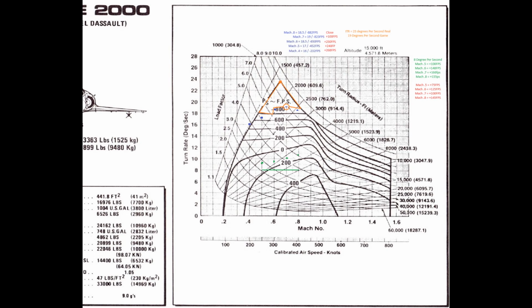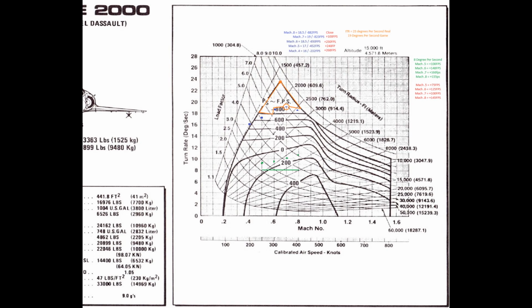That's the bottom part. And looking at our green numbers, at Mach 0.5, we had a gain rate of plus 100 feet per second. If we look at the dot below that, at the line at 8, we would expect to be gaining probably around 150 feet per second, maybe 175. We're getting pretty close to that 200 line.